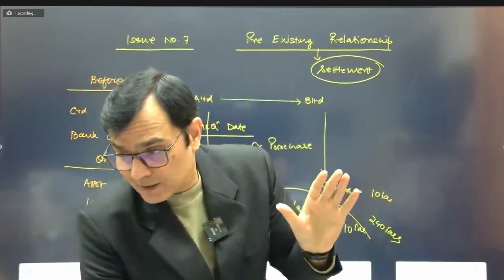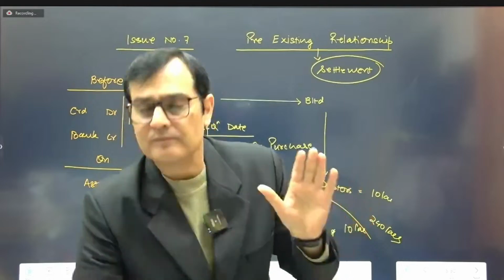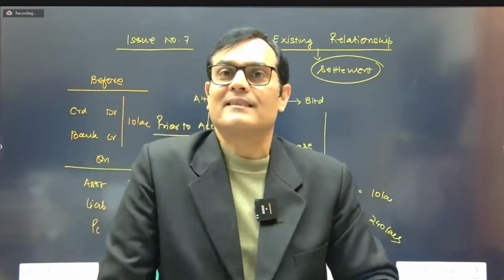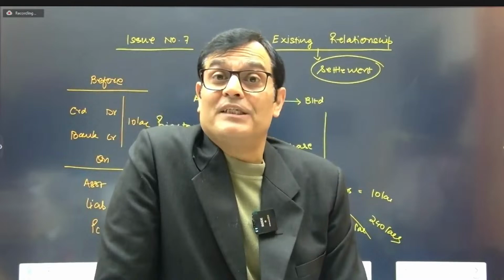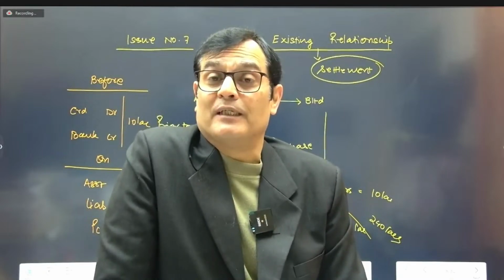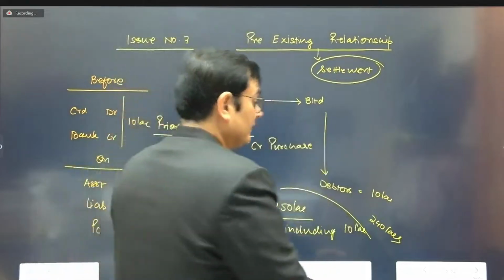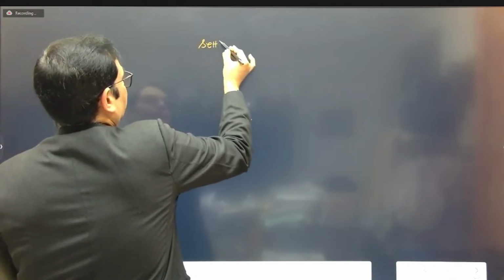Right? I guess the basic flavor is clear. Okay, now we need to do a little more extensive discussion, because Ind AS 103 gives us a very specific treatment if there is a settlement of a pre-existing relationship. So let me tell you now the inputs. Let's make a chart on the settlement of pre-existing relationship.